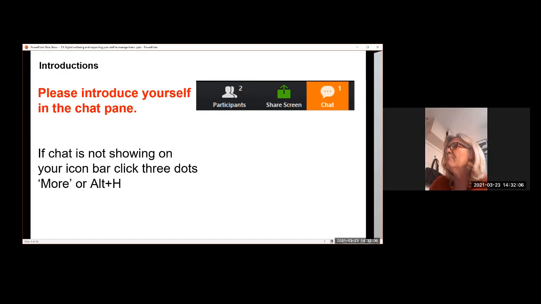So really important, you'll be able to send a chat message to either everyone or just some participants by selecting the drop-down arrow, and you'll be able to type in your chat. So this is going to be a very interactive session. Sarah's going to be asking you to comment, ask questions. So if you're not familiar, please do make sure you can find the chat box, the chat pane.